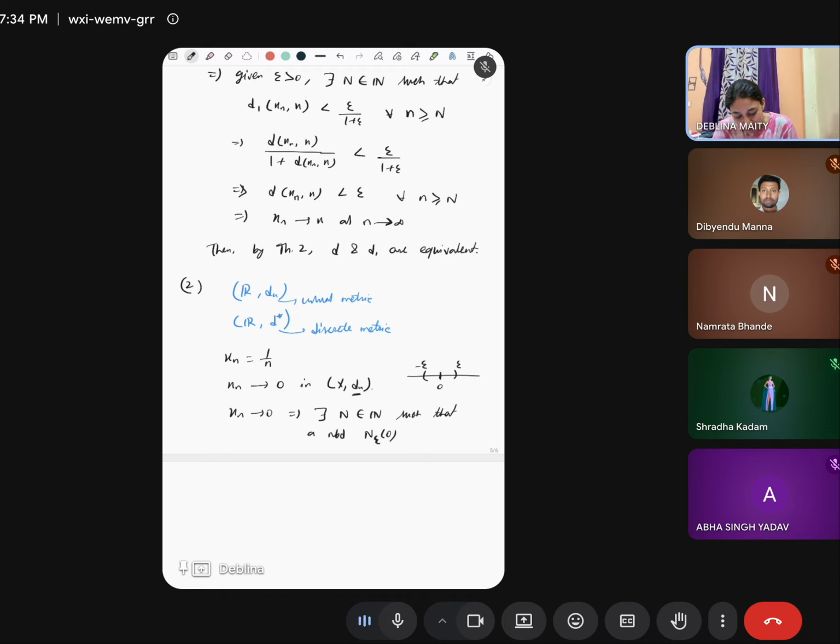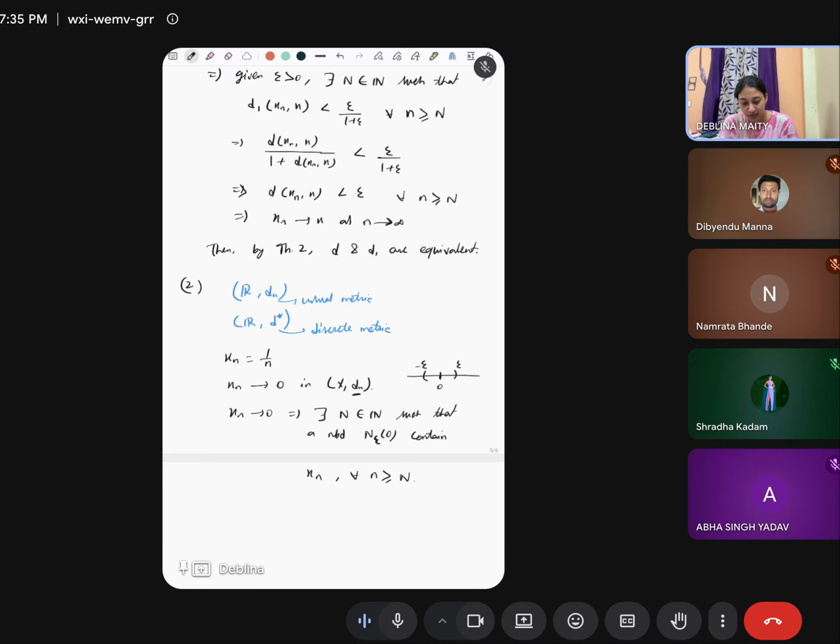So every neighborhood will contain xn for all n greater than or equal to n. After some n, all the terms of this sequence must belong to that neighborhood. This is what this means, right?